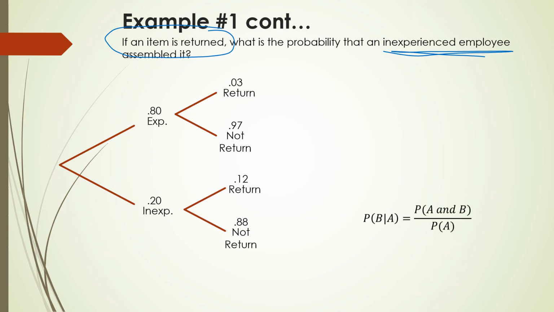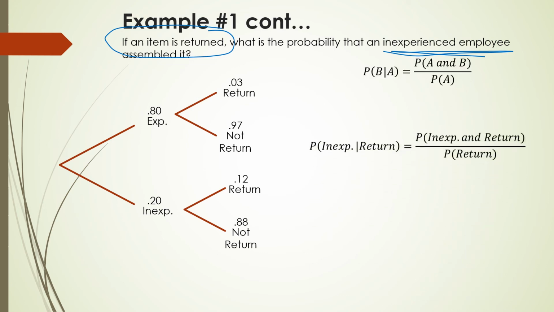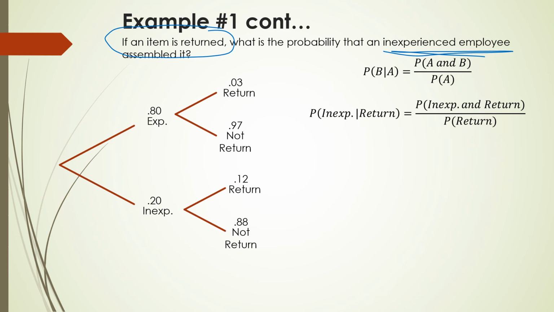What are they trying to make me find? They want me to find, and we already wrote it, they want me to find this. The probability of inexperience if you know the item has been returned. So the probability that an inexperienced employee made the item and it was returned.